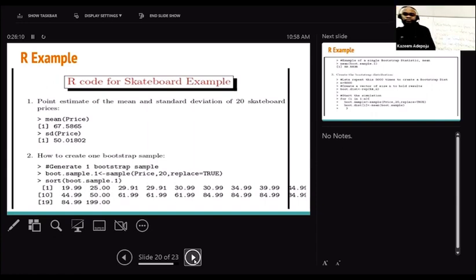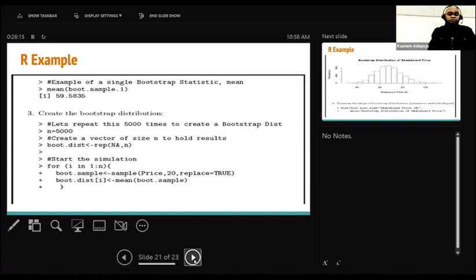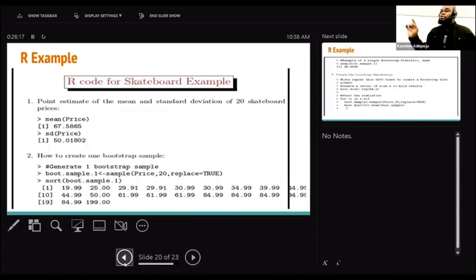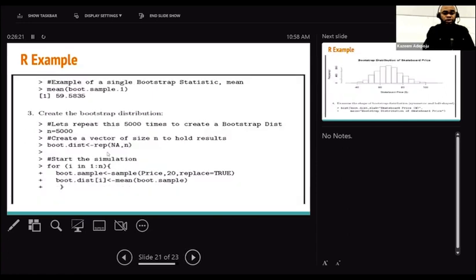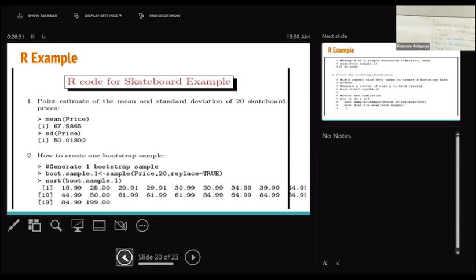Number two, you can see that is the code. Now, the next one is telling you, when you create one bootstrap sample and find the mean for just that one bootstrap, what do you get? 59.5835 for one bootstrap. But when you look at the original sample, the mean was 50.01802. They are not the same. Now, you know the next thing you want to do.